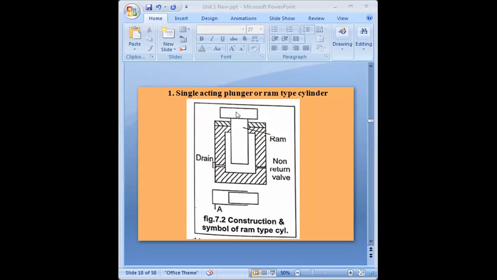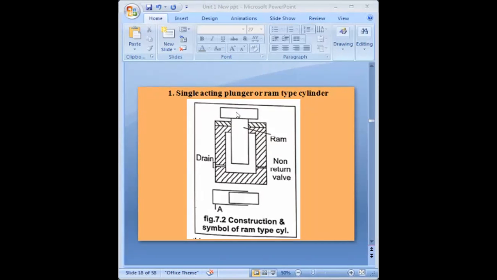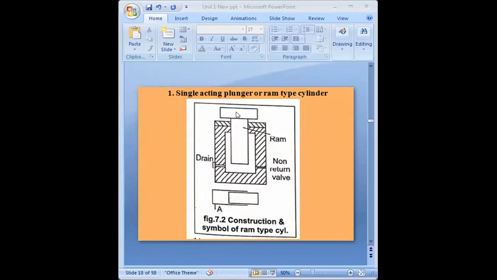When your fluid intake stops, that means when fluid intake is cut off, at that time, due to the gravitational force created by the dead weight of the ram, your ram will come in the downward direction. And when the ram comes downward, your fluid will go outside through this drain. Getting it?